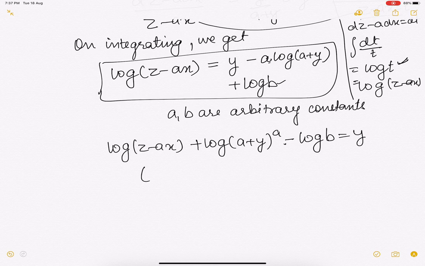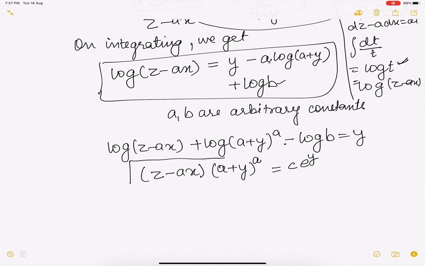So this is equal to z minus ax times a plus y to the power a is equal to some constant. Let this be c, e to the power y. This is our required answer.